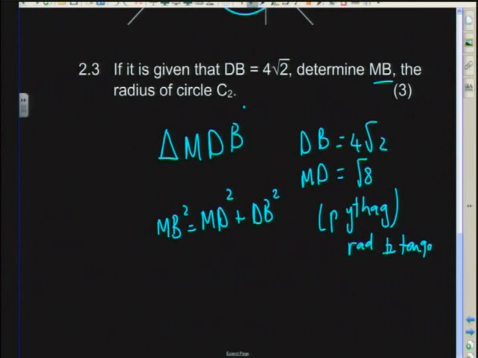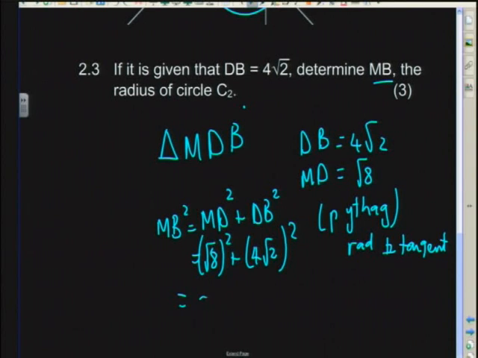That's how we got to a right angle triangle. So MD squared is going to be root 8 squared, plus DB is going to be 4 root 2 squared.